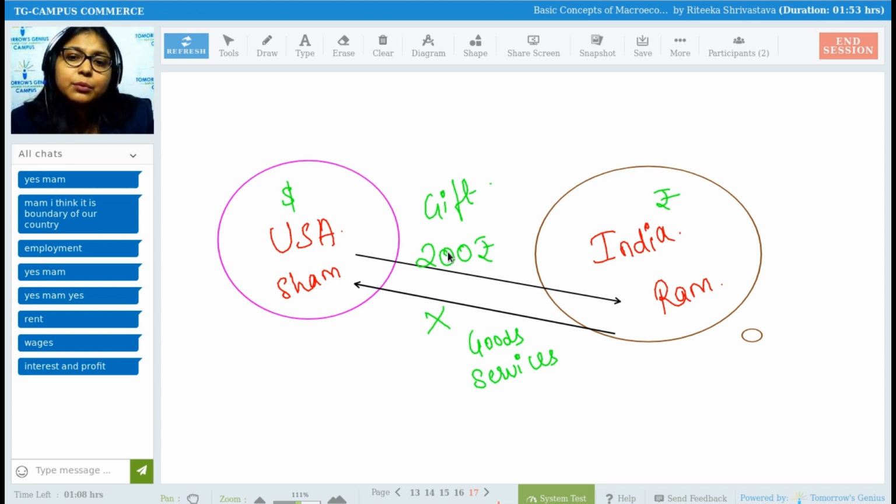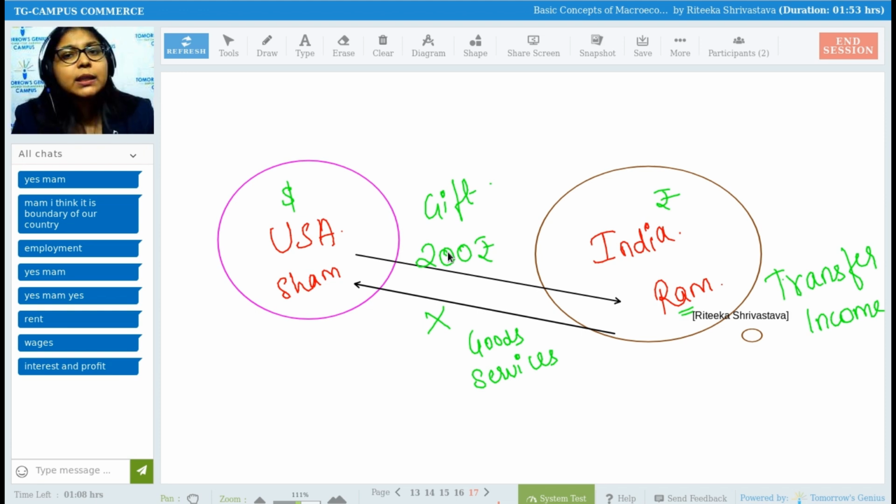So which kind of income would it be? It is a transfer income for Ram. Why? Because Ram is getting this money free of cost. He is not providing any goods or any services to Sham. So this can happen abroad with other countries, or it can happen within the same country.